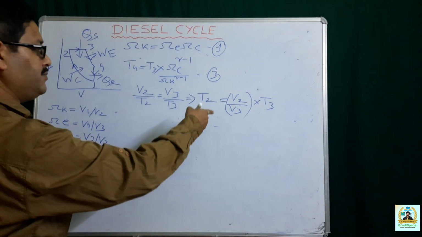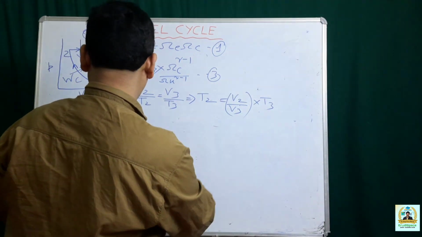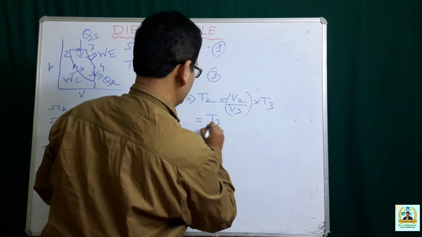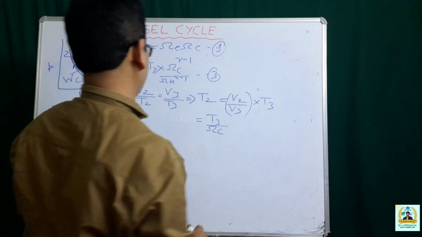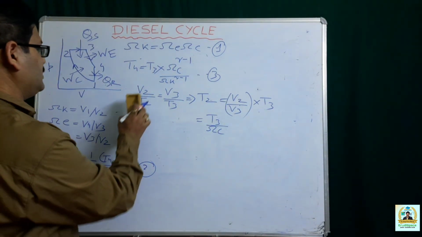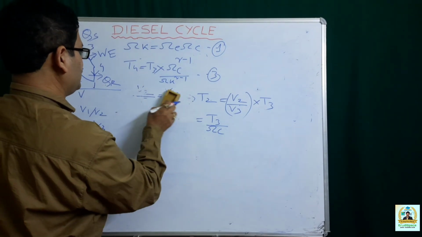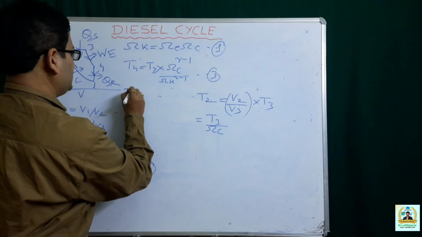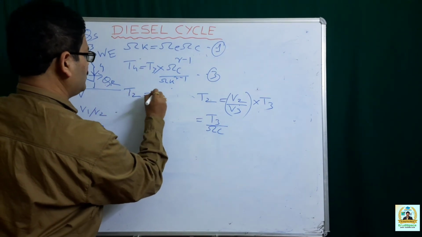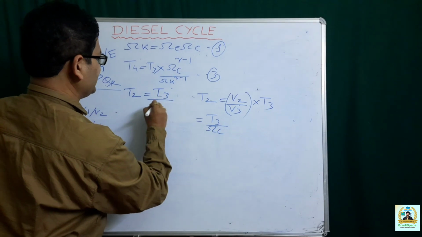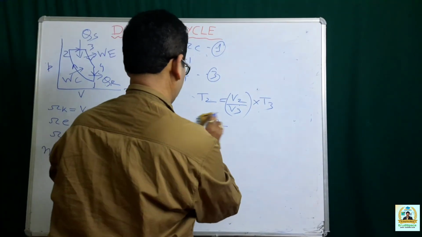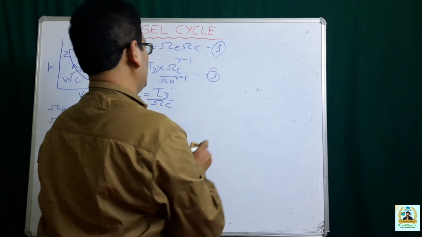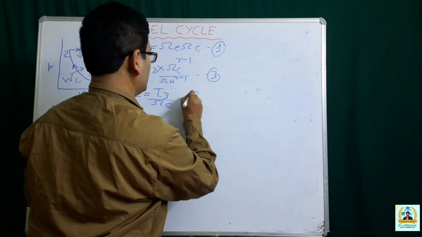But V2 by V3 is 1 upon Rc. So this is T3 by Rc. So the fourth equation will be T2 is equal to T3 divided by Rc. And let this be equation 4.